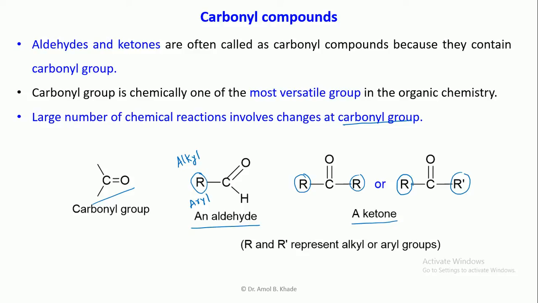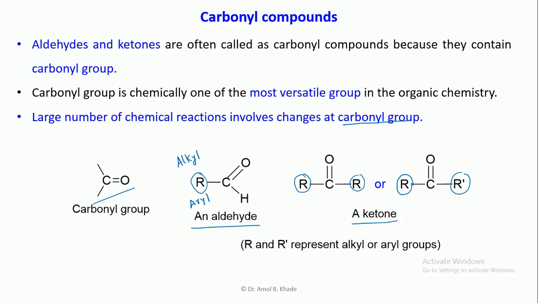We should remember RCHO is an aldehyde group where R can be an alkyl or it can be aryl. In the case of ketones, it can be a combination of aryl and alkyl, or the same alkyl or different alkyl, or different or similar aryl groups.